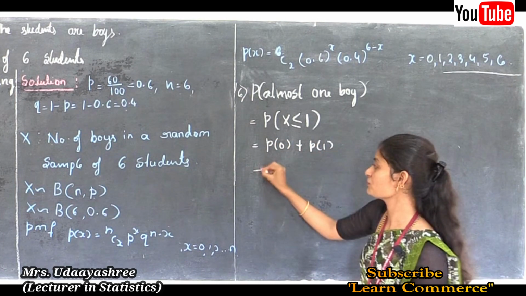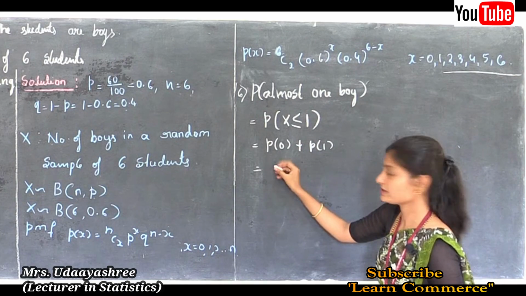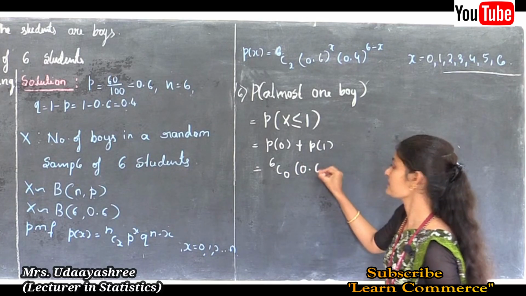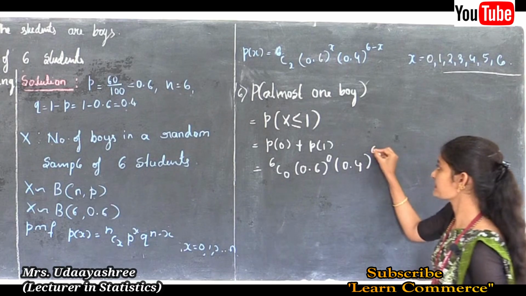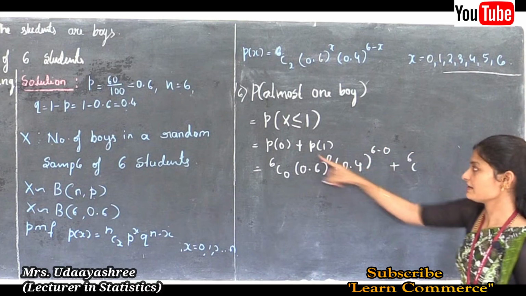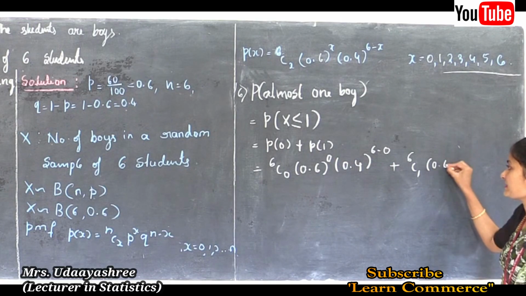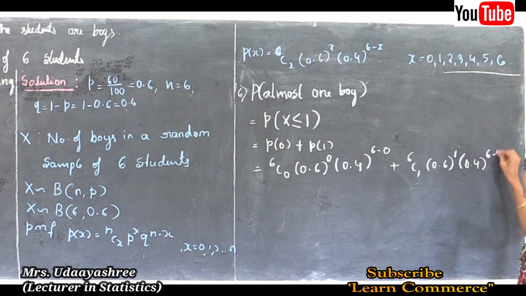Okay, I will substitute the values in the formula. P of 0 means 6C0, 0.6 to the power 0 and 0.4 to the power 6 minus 0, plus 6C1, that is P of 1, 6C1, 0.6 to the power 1 and 0.4 to the power 6 minus 1.